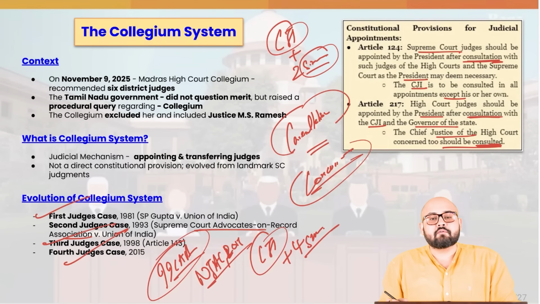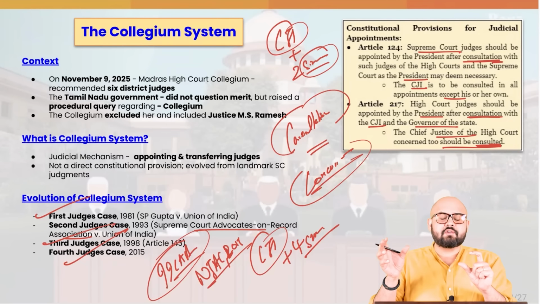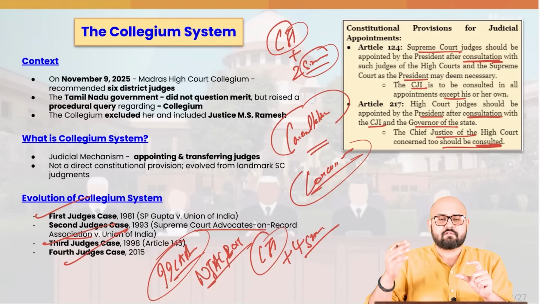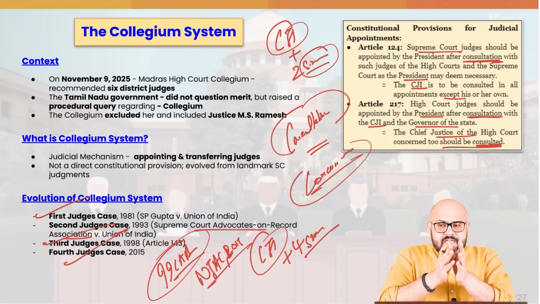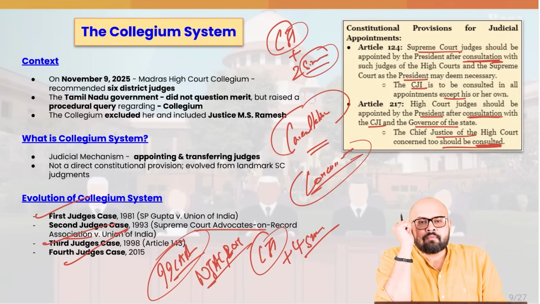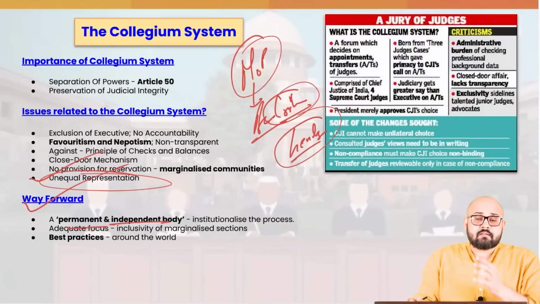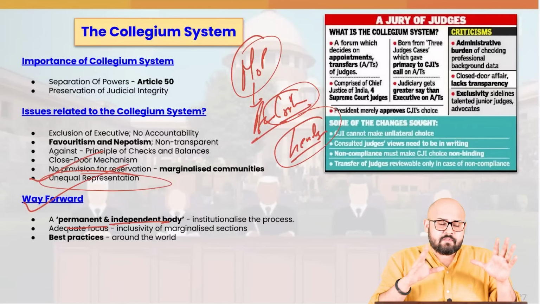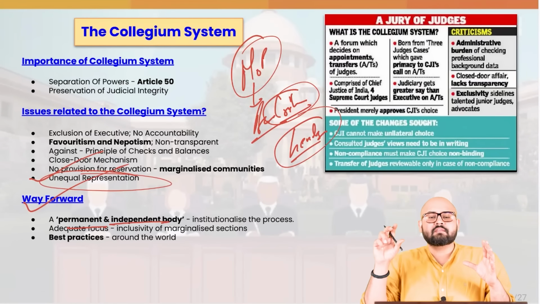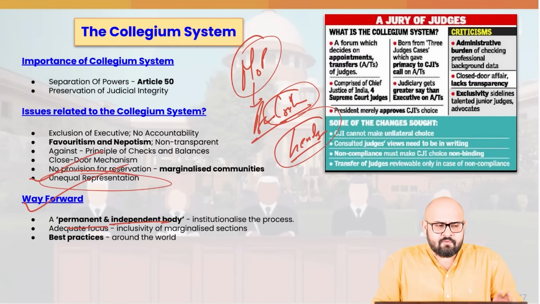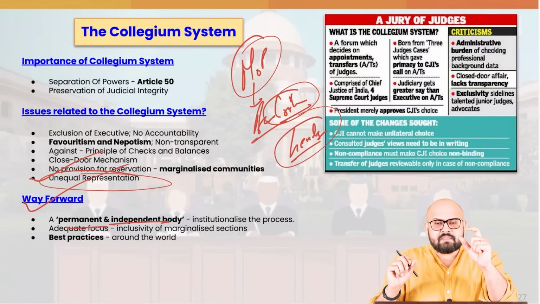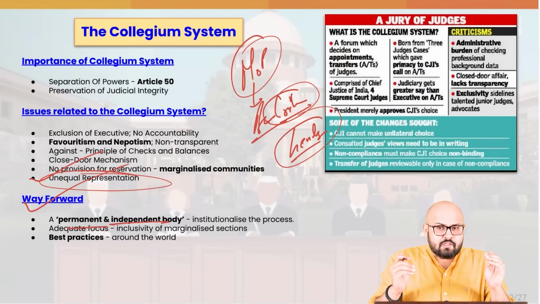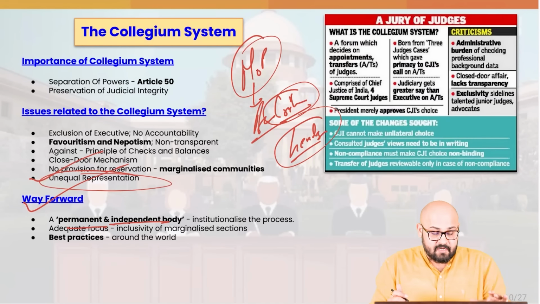It was also struck down, saying that since this commission had participants from the executive with respect to the appointment and transfer of judges, it impinges on the independence of the judiciary. But you'll have to understand, we cannot continue this forever. We'll have to come up with a mechanism where the independence of the judiciary is balanced with accountability. So there has to be a balance between independence and accountability.